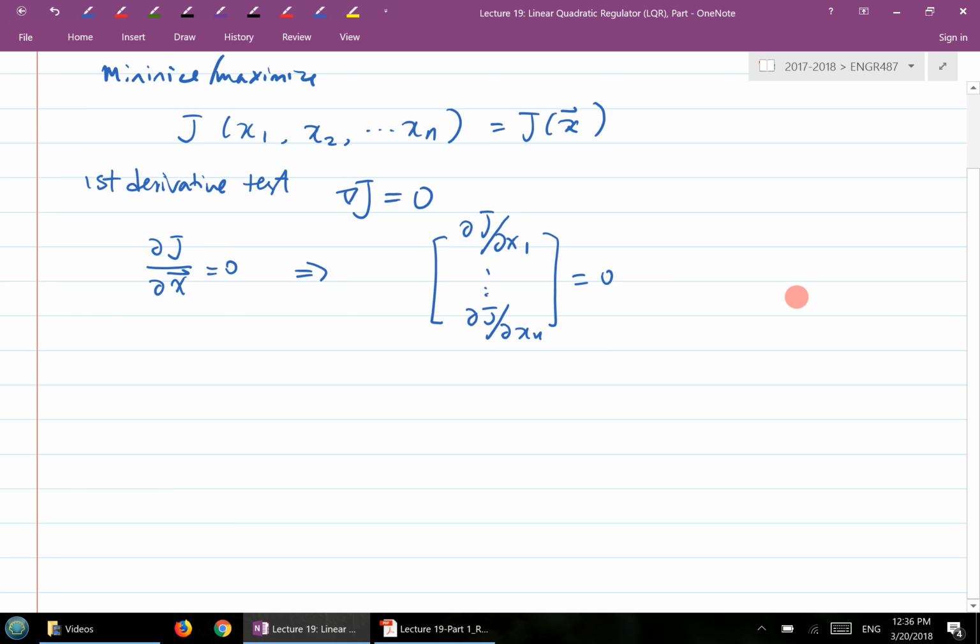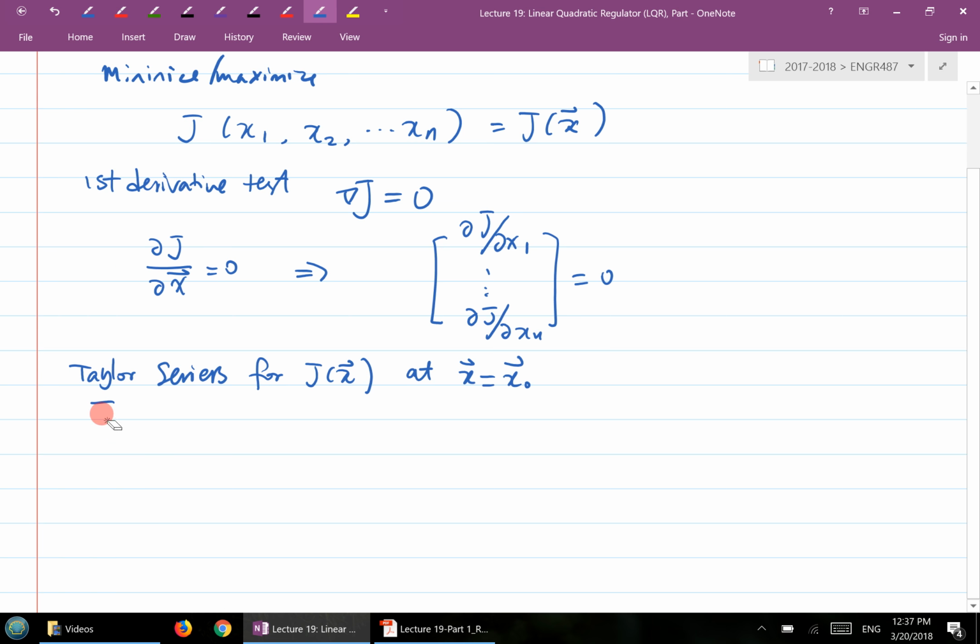Now, the second derivative. Before I write down the second derivative test for the general case, I need to write down the Taylor series for this function at x equal to x naught, at a certain location. Don't be scared by these multivariable functions. If you reduce that to a single variable or two variables, it's the same idea.